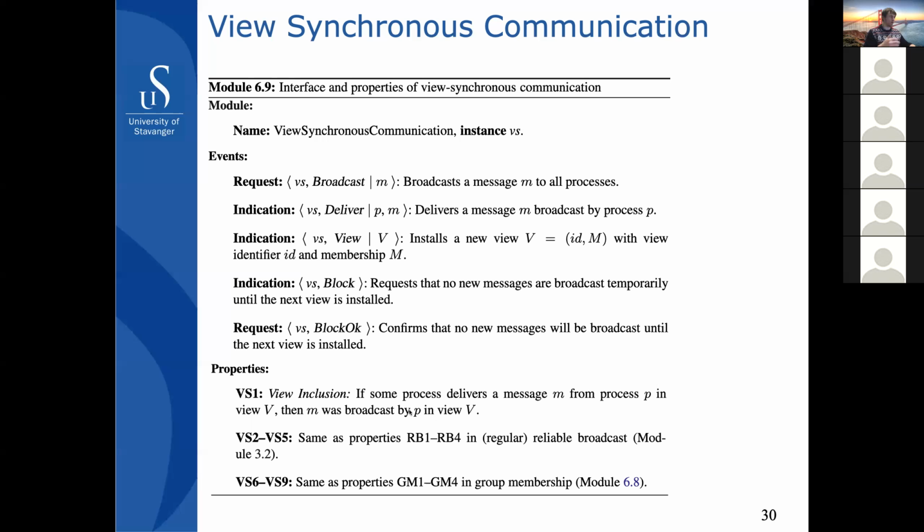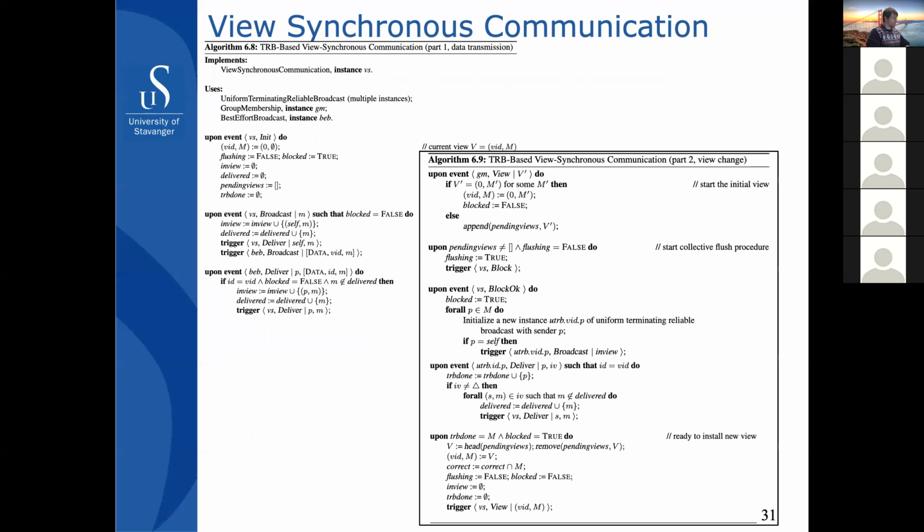It can be a little bit confusing since they both use view. Anyway, this is the algorithm, and you can tell that it's quite involved just by looking at how long the pseudocode is.